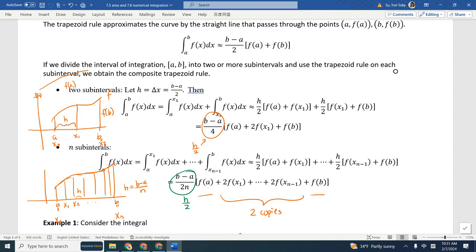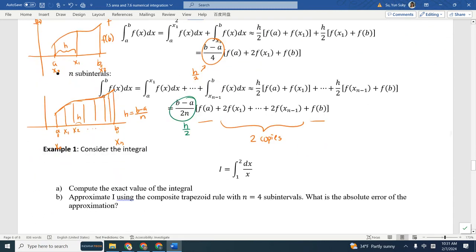So all the interior points, 2 copies, because the side of the previous trapezoid is also the side of the next trapezoid. We count it twice. And then the endpoint, 1 copy. So this is the formula for the trapezoid rule: H over 2, where H is B minus A over n, times the endpoints, 1 copy, and the interior points, 2 copies. Is that clear, everybody?